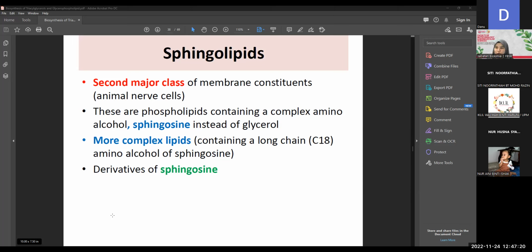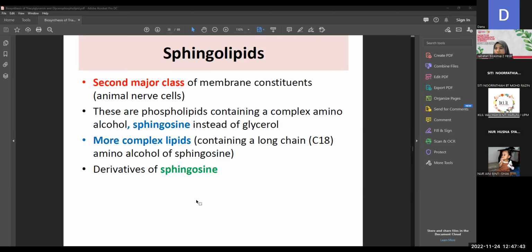We know that sphingolipids, if we compare to triacylglycerol, have sphingosine as a backbone. Dia tak ada glycerol as a backbone. So what makes sphingolipids an interesting molecule?